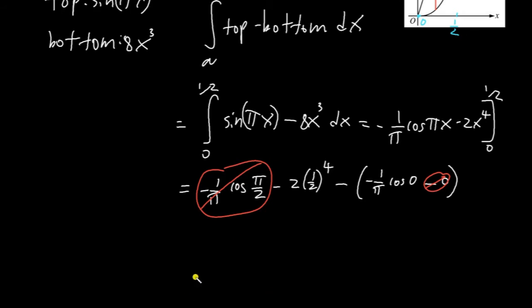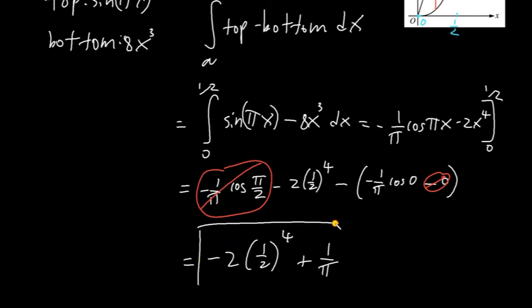When I simplify this completely, I get negative 2 times 1/2 to the 4th plus 1 over pi, since cosine of 0 is 1.